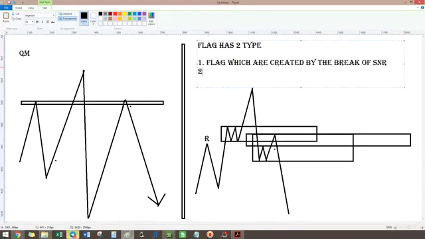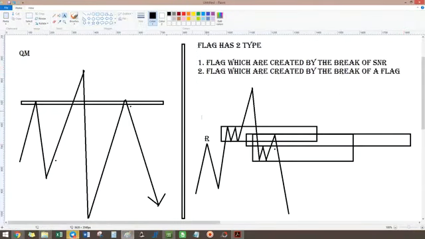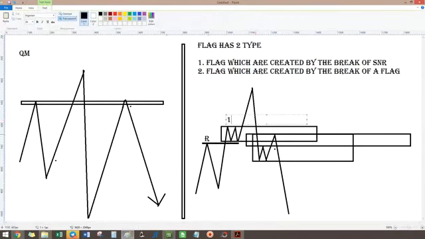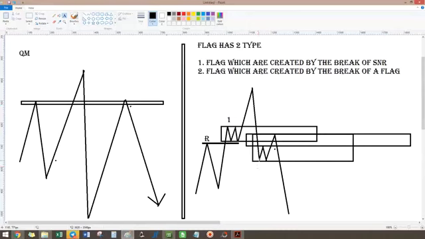Okay, second one is a flat which are created by the break of a flat. Okay, so you got type 1 here, resistant break. Okay, you got number 1 here, and then price drop.